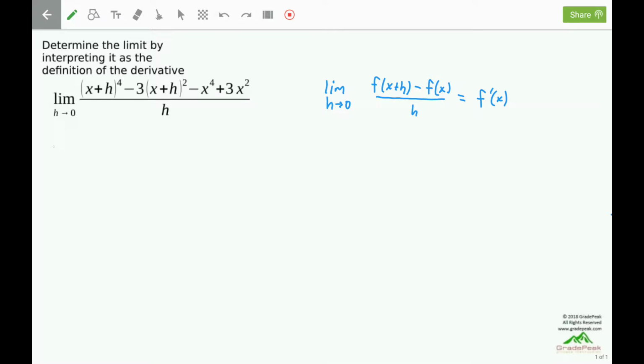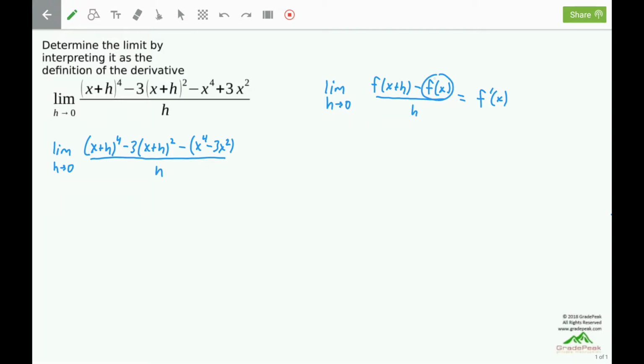So let's rewrite: limit as h goes to 0, the (x plus h) to the fourth minus 3 times (x plus h) squared, I will leave alone, and we can factor a negative out, and that will be an x to the fourth and a minus 3x squared, all over h.